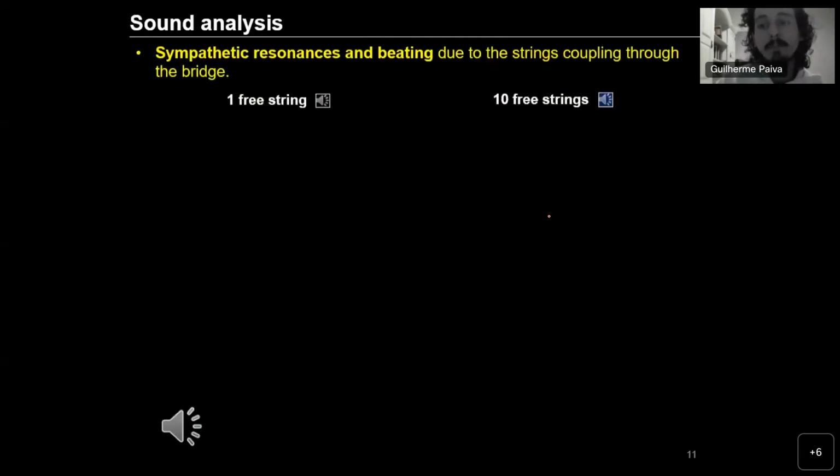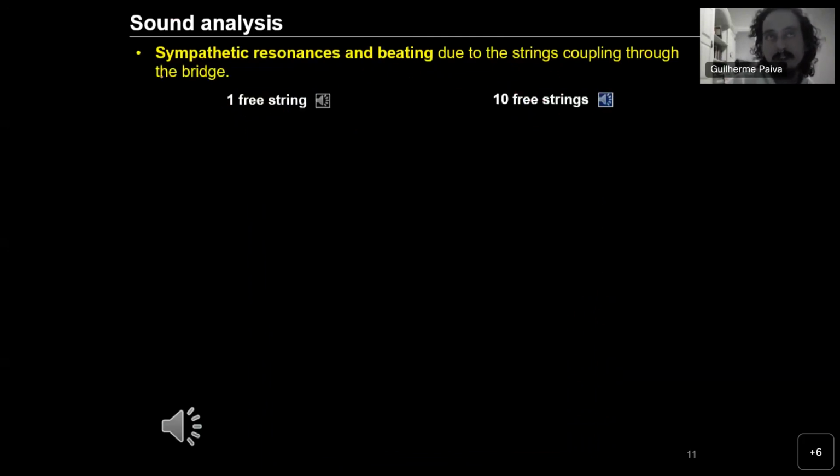And the second part of this experimental study consisted of recording 2 sounds. The first sound, we damped all the other 9 strings, so just one string is free to vibrate. And the second sound, all the strings are free to vibrate, okay.